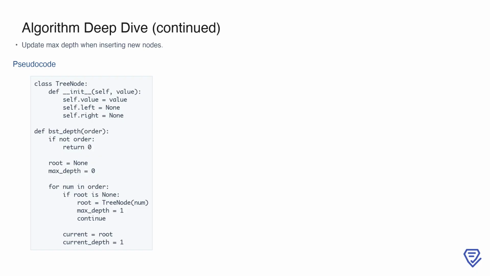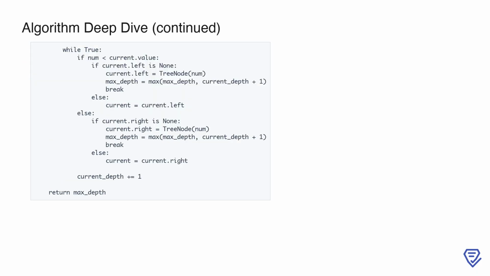As we iterate through the elements of the array, we check if the root is None. If it is, we create a new tree node with the current value, assign it to the root, and set the max_depth to 1. If the root is not None, we begin traversing the tree to find the appropriate position for the new node. The traversal starts at the root, with the current_depth initialized to 1.